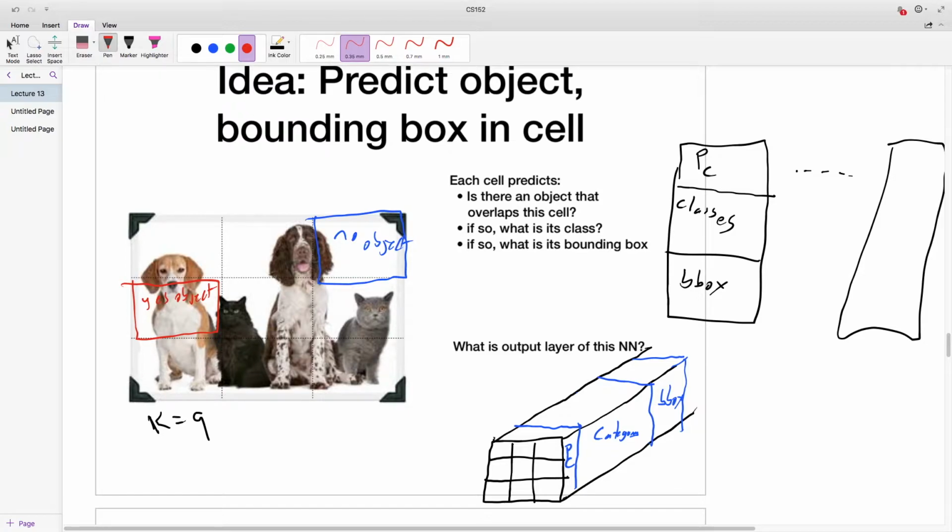So ideally, we would have this cell say what? Is there an object there? I'm going to say no, not very much of one. Let's say we want it to intersect with this cell a fair amount. A third, maybe. So nothing intersects a third here, nothing intersects a third here. We're going to say there's nothing there. That's what we want our neural network to do. Here, we want it to say, what's the category? Dog. Is there something there?